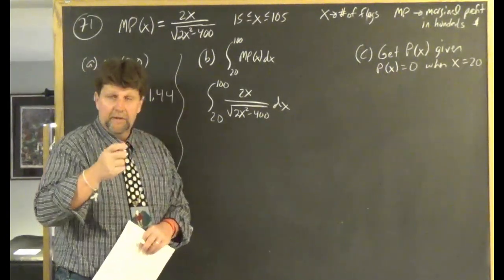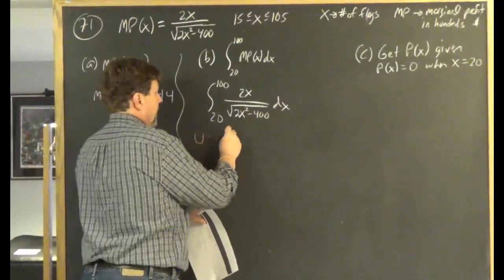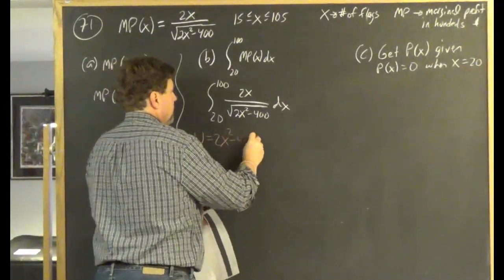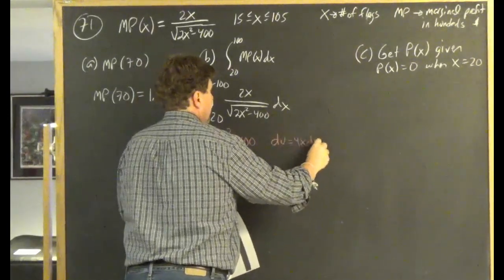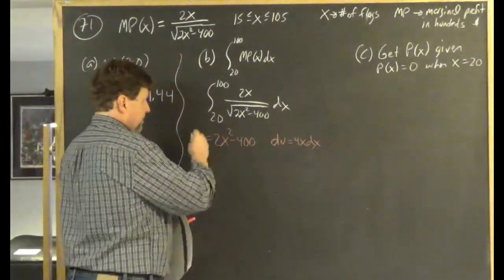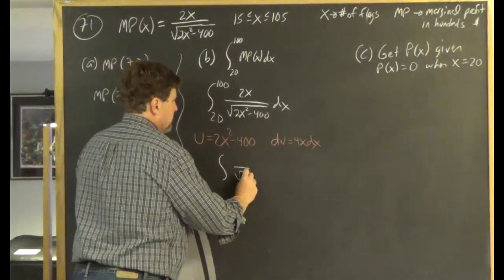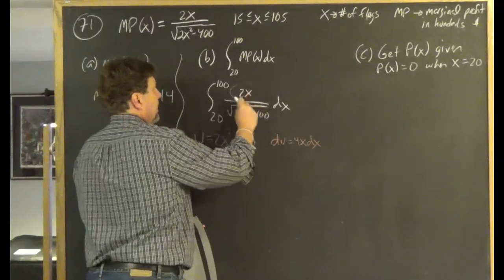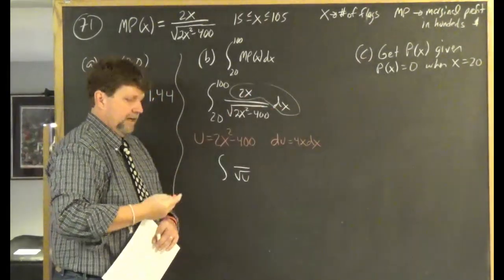Let's get on with it. We have to do a u sub. So I'd let u equal 2x squared minus 400. du is 4x dx. So when I substitute in, in the denominator I have the square root of u. I still have a 2x dx to take care of.